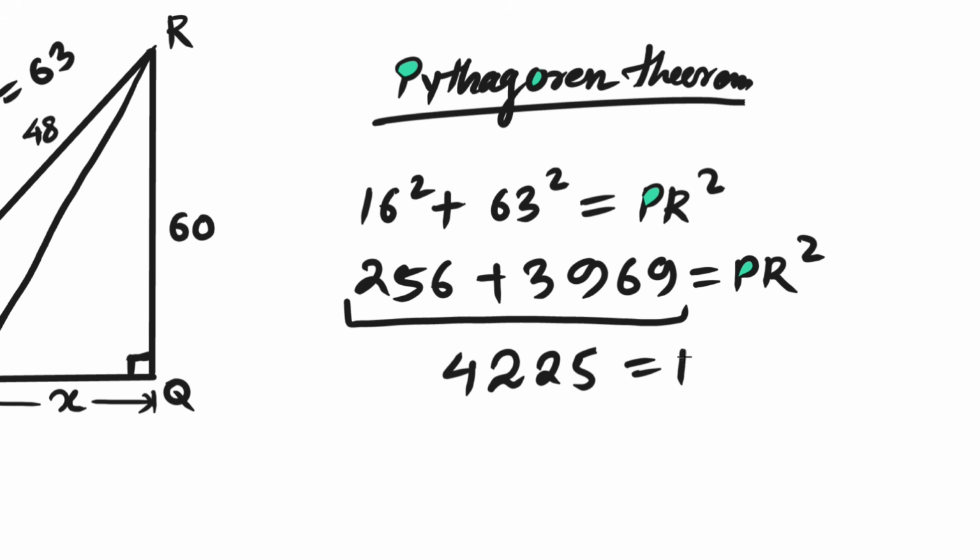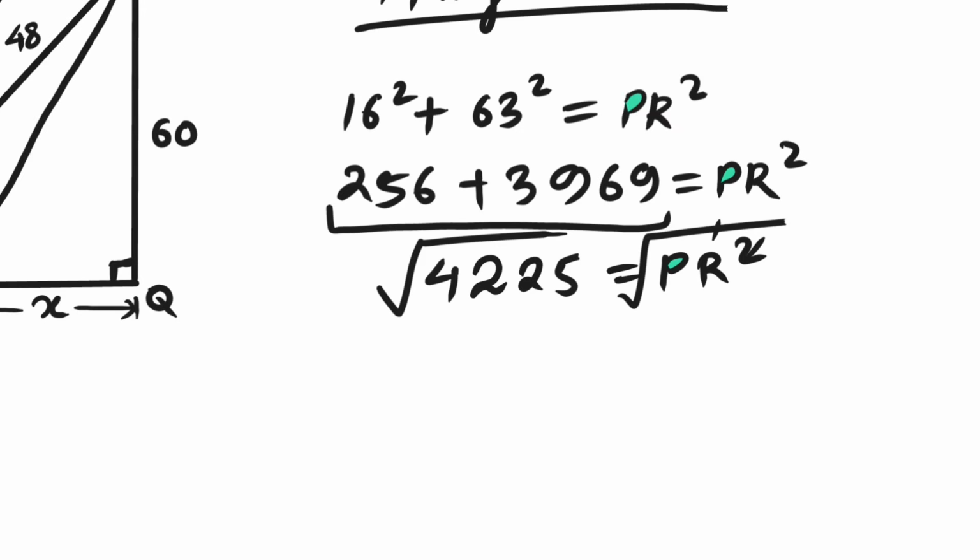4,225 equals PR squared. Now, to undo that squaring and solve for PR itself, we take the square root of both sides, and the square root of 4,225 works out very cleanly to 65.